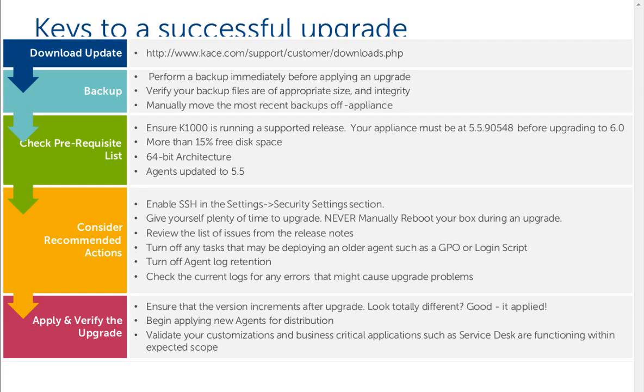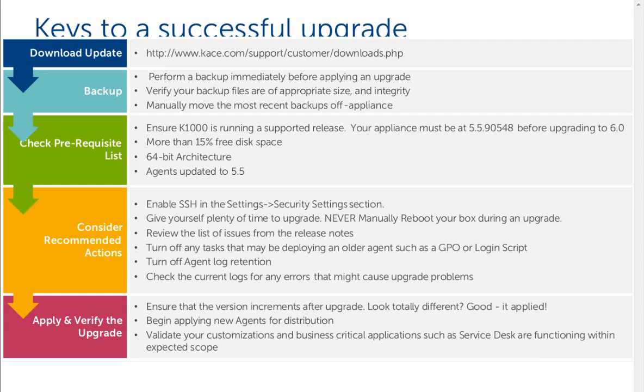So a lot of these different recommendations, and every one of them is going to be in the release notes. In addition to those, if you go to the home summary page on your pre-6.0 K1000, your 5.5 or 5.4, you're going to note that at the top of the page in our latest news articles and our top troubleshooting articles, top knowledge base articles, we've already provided three or four different links to KB articles we've written about 6.0, the upgrade process, the new features, and so on.